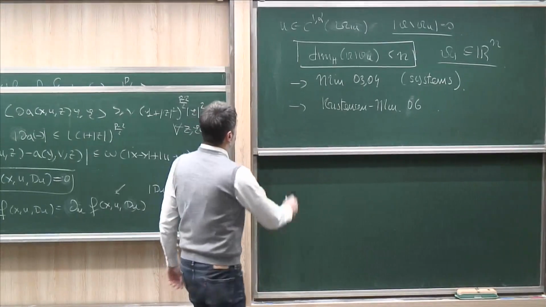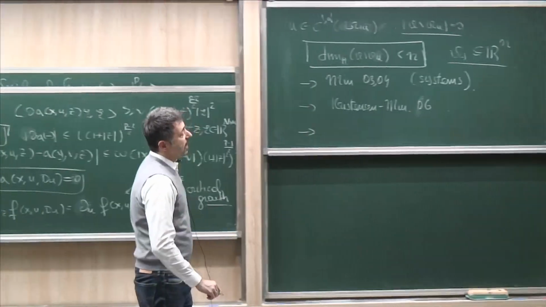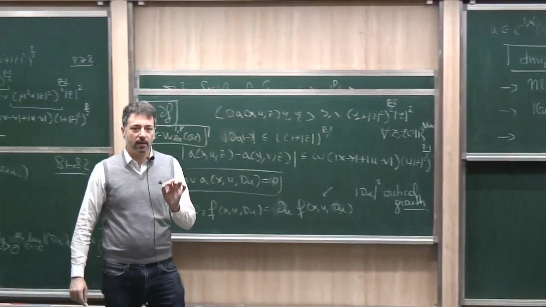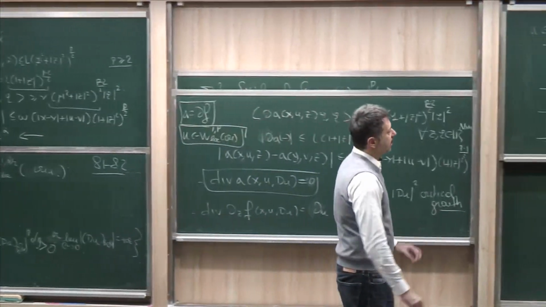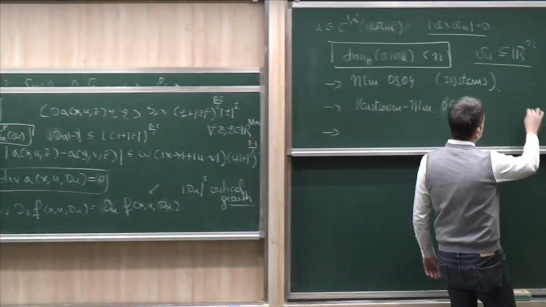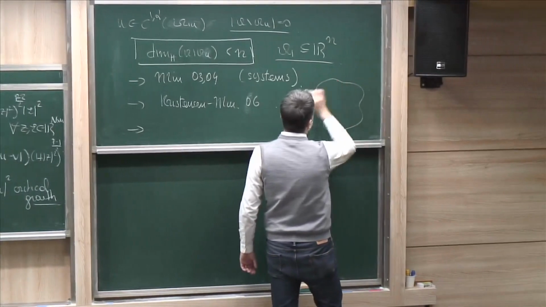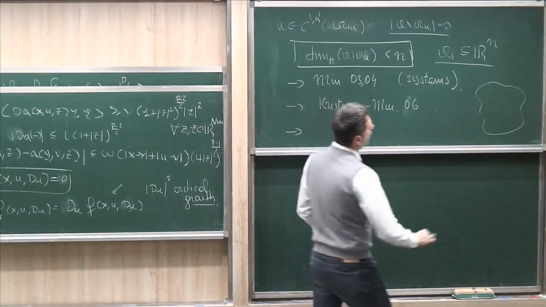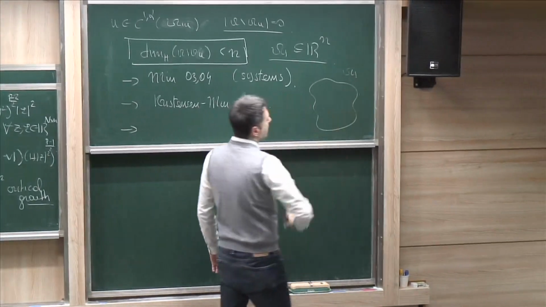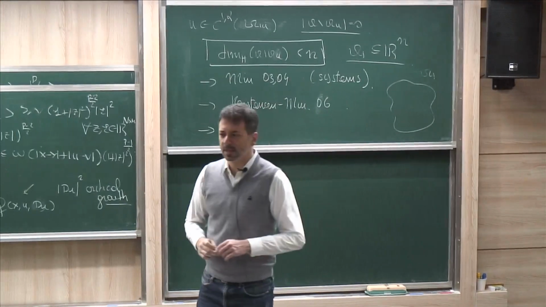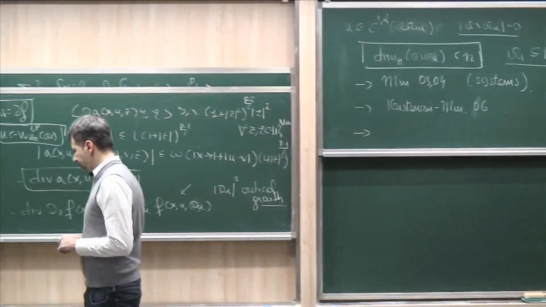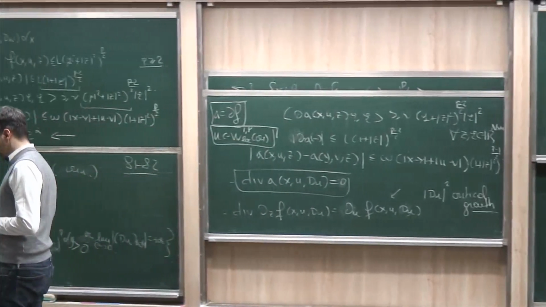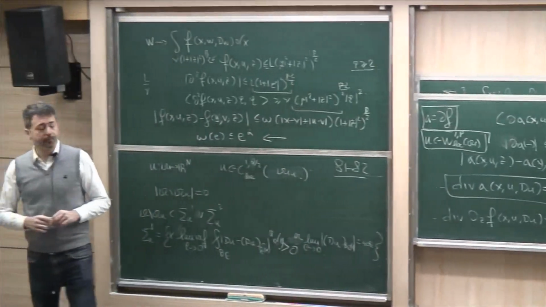In particular, there was also another problem which was even more delicate. That is the following one. Assume that you consider the system in a bounded domain, which is regular. Let's say that the domain is smooth, but actually C1 alpha is sufficient.